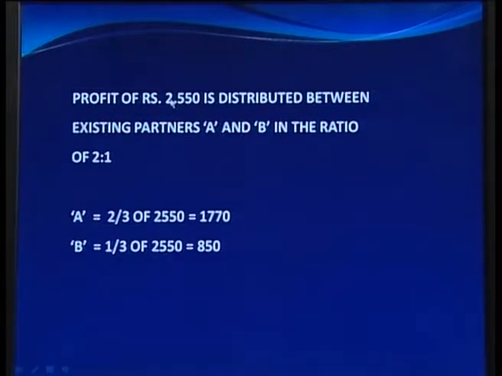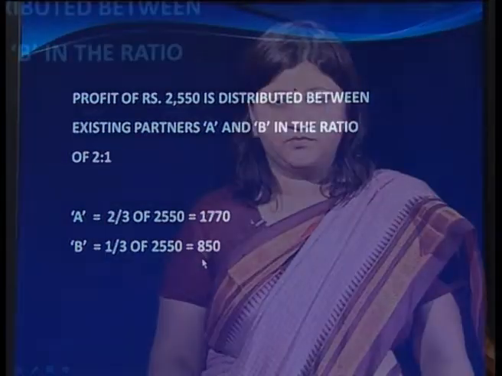Profit of rupees 2550 is distributed between the existing partners in the ratio of 2:1. Here A's share is 2/3 of 2550 and it amounts to 1700, and that of B is 1/3 of 2550 and it amounts to 850. So, we have distributed the profits arising on account of the revaluation in the existing ratio of 2:1 in the existing partners' shares.